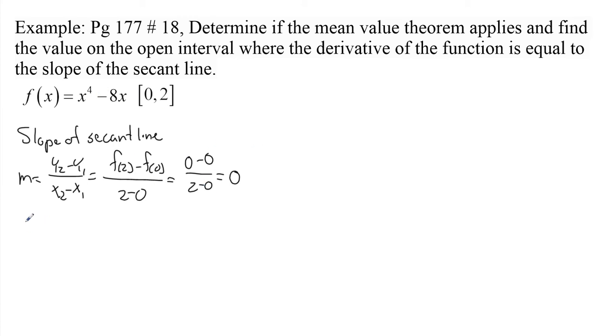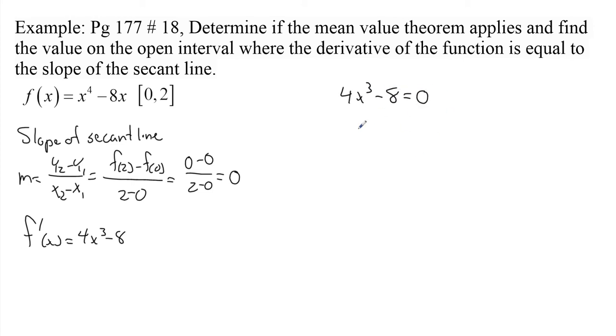And so I need to find that first derivative. F prime of x is going to be 4x to the third minus 8. And we need to know where that thing is equal to 0. So I'll come over here, 4x to the third minus 8 equal to 0.